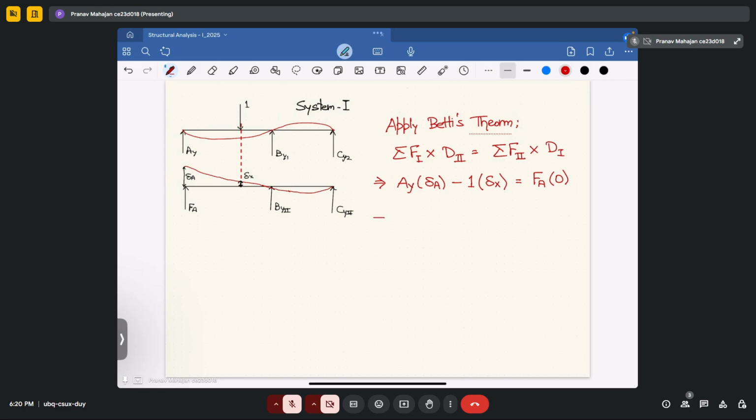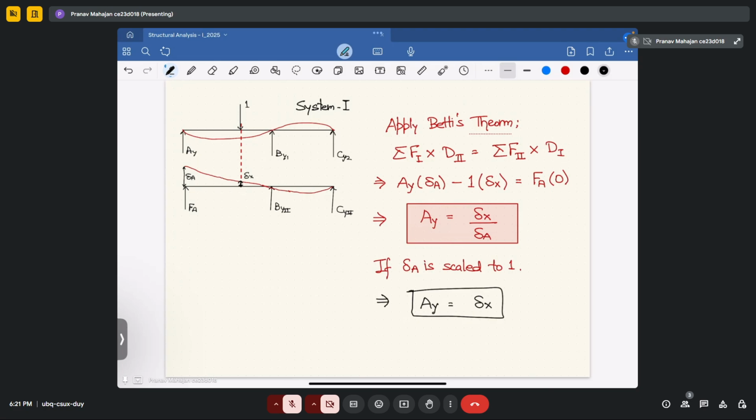Solving this, the reaction force Ay will be equal to delta X upon delta A. That means it is some weighted function of delta A. If I scale the delta A to be 1, then you will get Ay equal to delta X.